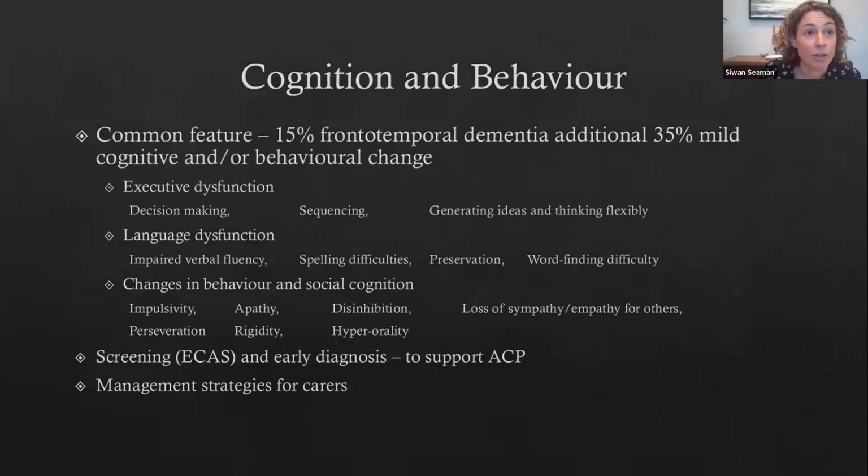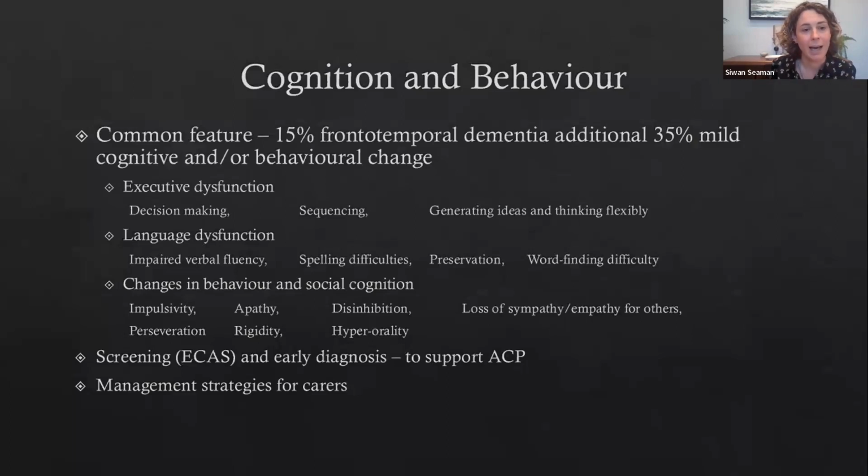In terms of the behavioural and social cognition changes, as this patient had demonstrated, the rigidity of thought and the perseverance on a particular issue, difficulty moving on to the next question or to the next task in daily life is something we often hear about, as well as disinhibition and apathy, to the stress of others around them.